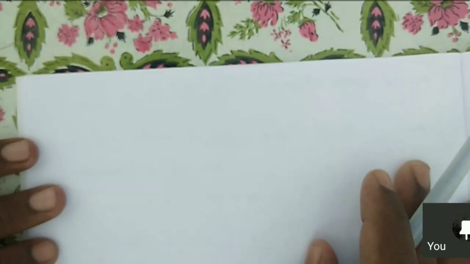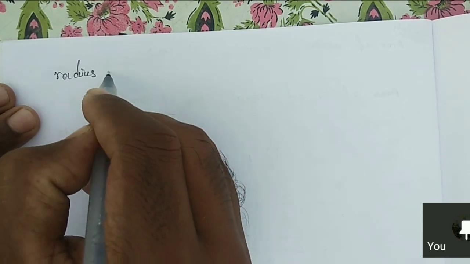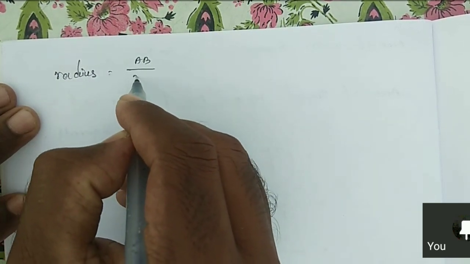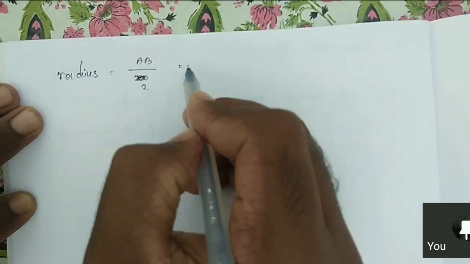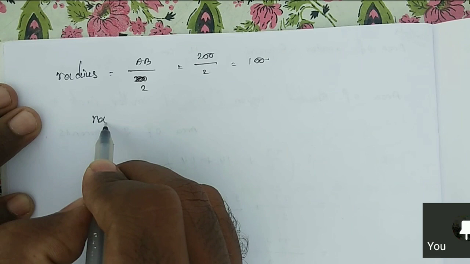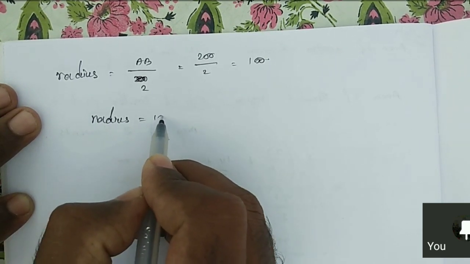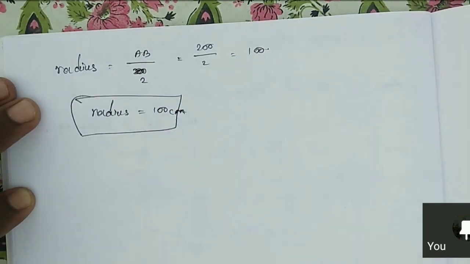So we can write the radius of a circle. Radius equal to AB by 2, right? So what is AB? 200 by 2. So that is 100. So the radius is 100 centimeter, right?